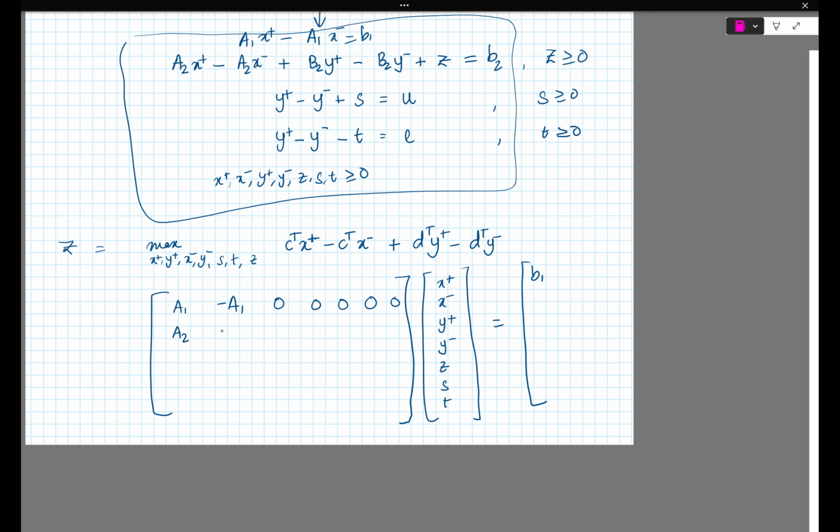And a2 x plus minus a2 x minus plus b2 minus b2, 1.